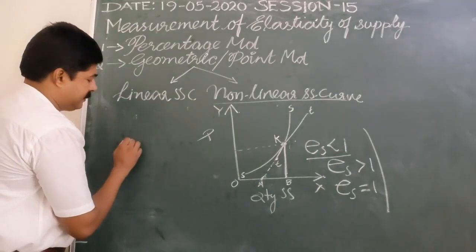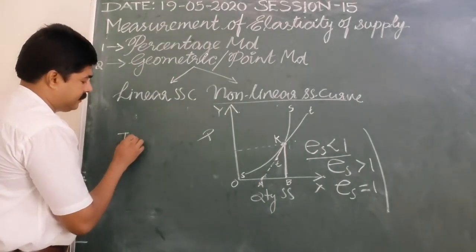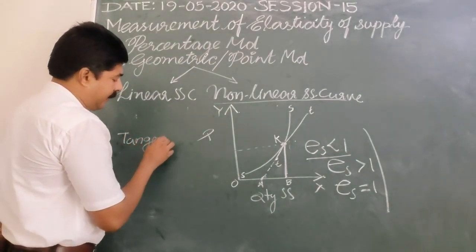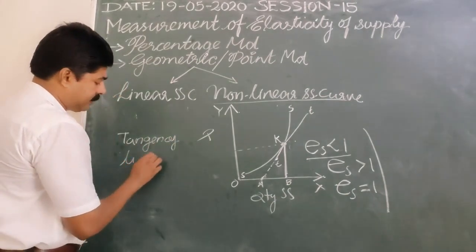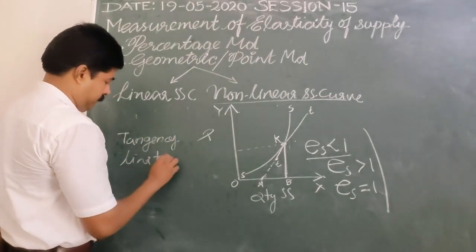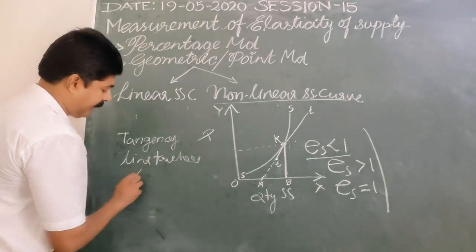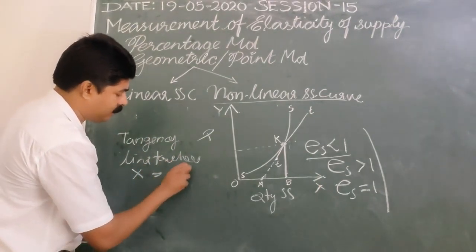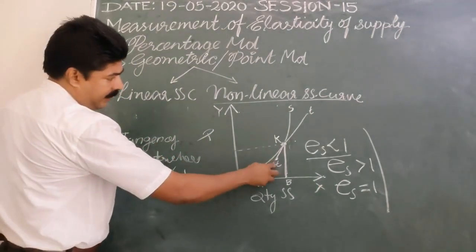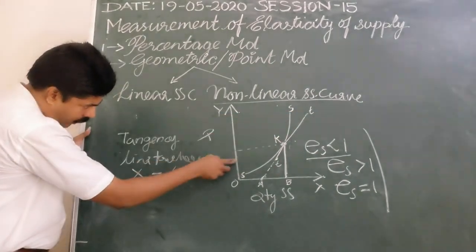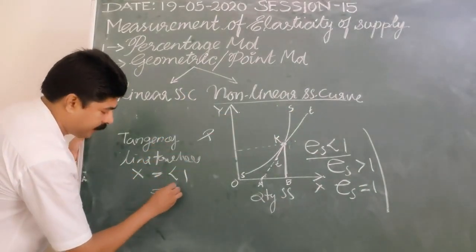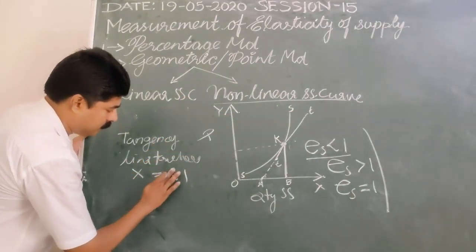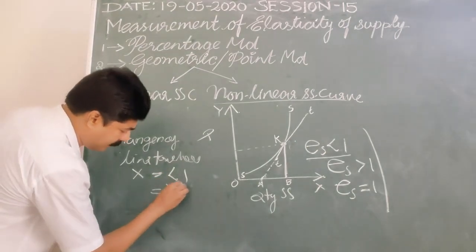So in these cases, the elasticity of supply is less than 1. If the tangency line touches the x-axis, it is less than 1. You can note it down: if the tangency line touches the x-axis, it will be less than 1. If the tangency line touches the y-axis, it is greater than 1.